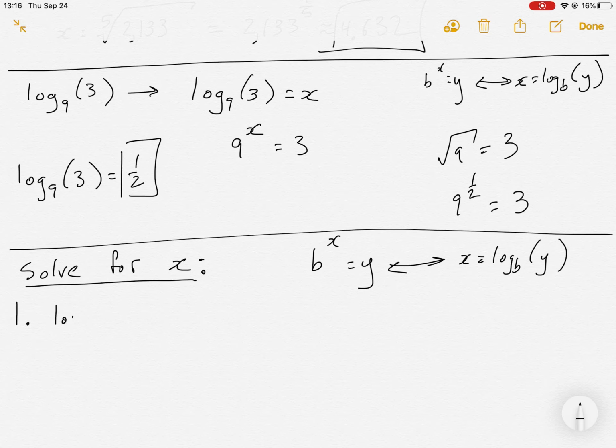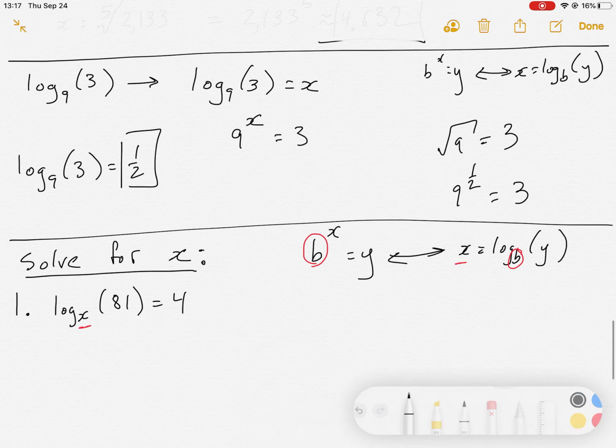So here's the first problem. Log base x of 81 equals 4. Notice my x value is actually in a different spot in this formula. So the x value is actually taking the place of the b. So when I convert it to an exponential, that's going to be my base.